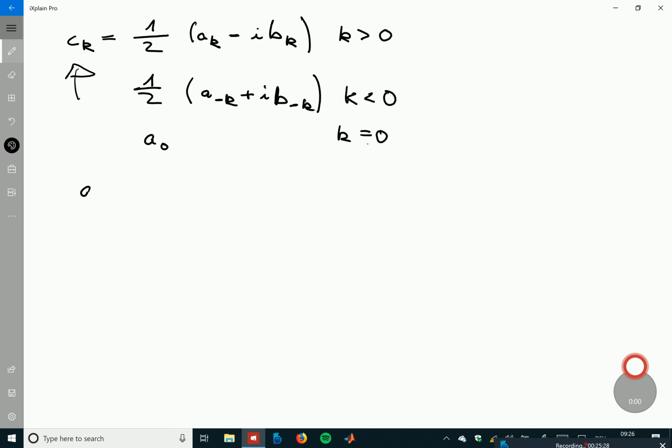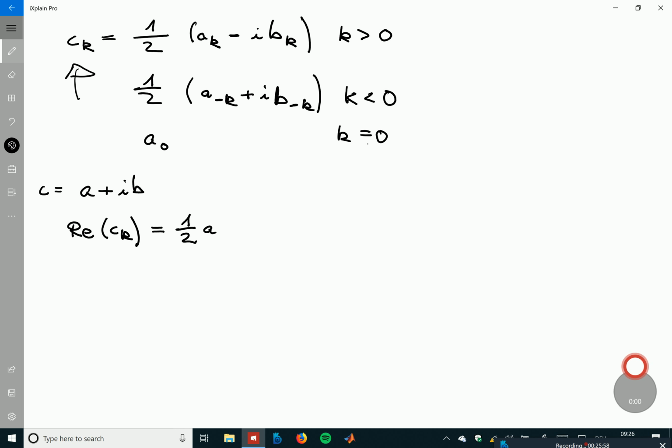So does anyone remember, if you have this complex number, what is the real part of the complex number c? A, exactly, and what is the imaginary part? B, exactly. So if we now evaluate the real part of one of these ck, then we get ak, essentially, but we have 1/2 in front of it.